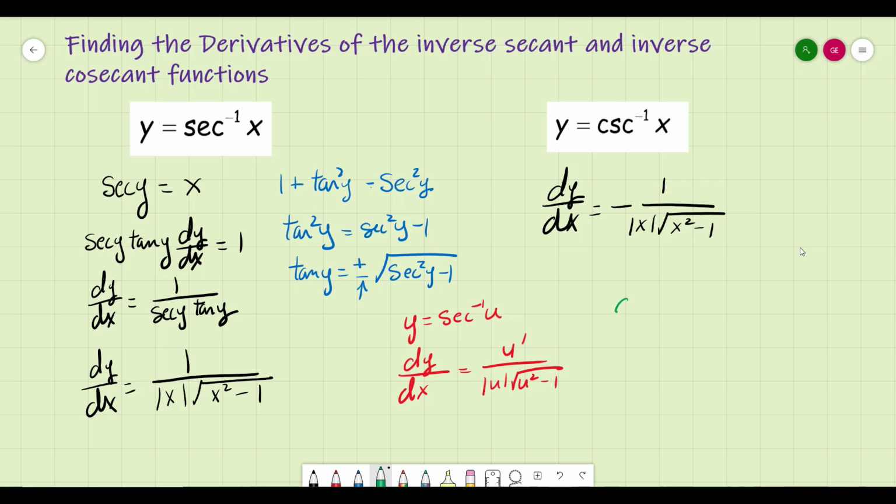Let me rewrite that out. If you had y equals the inverse cosecant of u, then its derivative would be negative u prime over the absolute value of u times the square root of u squared minus 1.